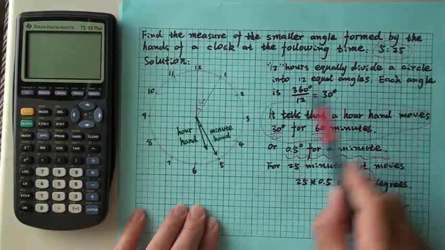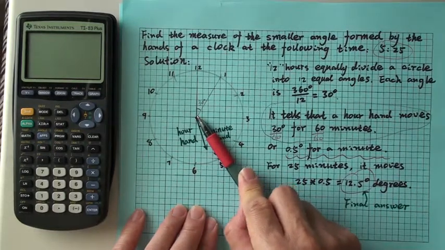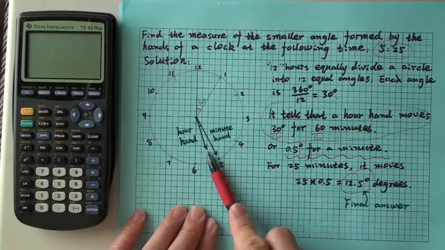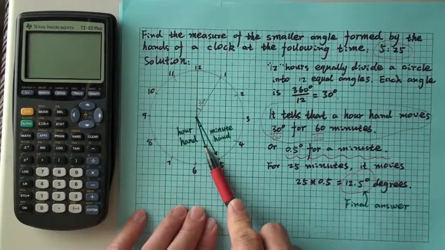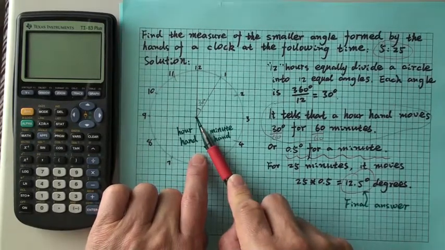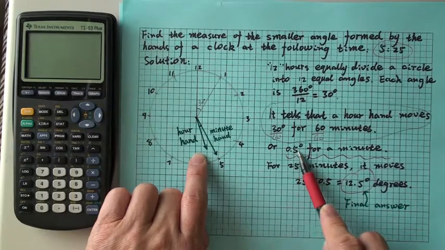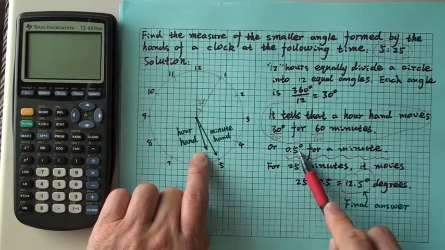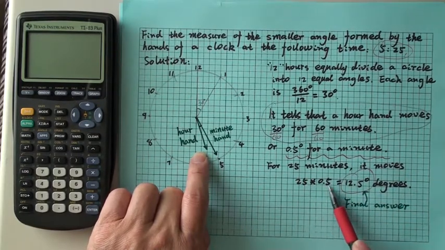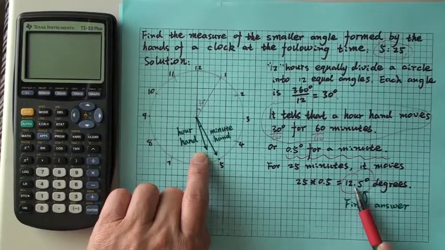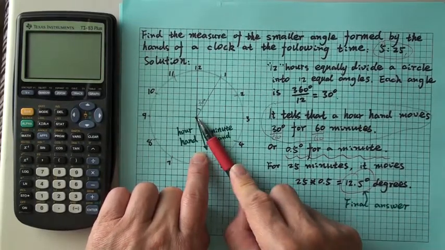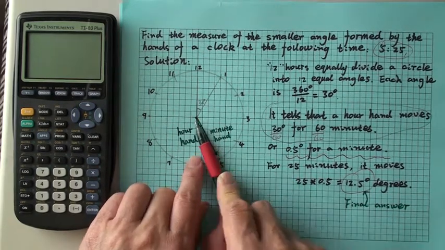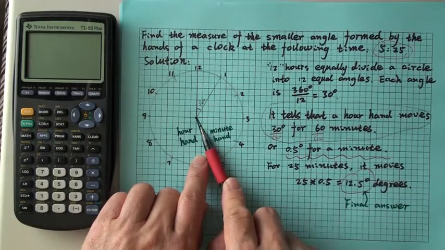Now look, at 5 o'clock the hour hand was here, and then 25 minutes later it moves to somewhere here. How large is this angle? We know 1 minute is 0.5 degrees, so 25 times 0.5 is 12.5 degrees. So it moves from here to here, and that is 12.5 degrees.